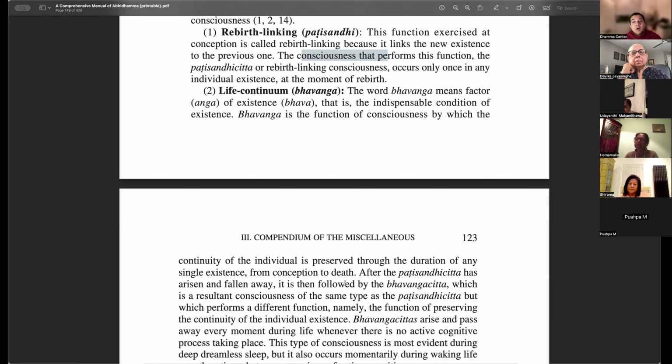Usually, even with Pubbenivasanussati jnana, you do not see the bhavanga process. It is almost as if jumping from one onto the other. This is experienced by a yogi who is going through his own past lives, who skipped 500,000 lifetimes and fell onto the other end, before the 500,000 lives began.